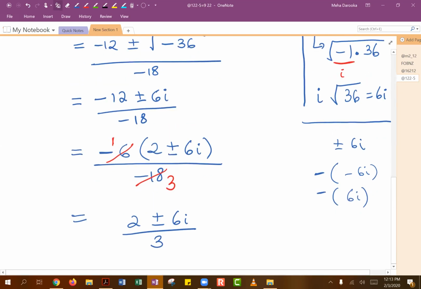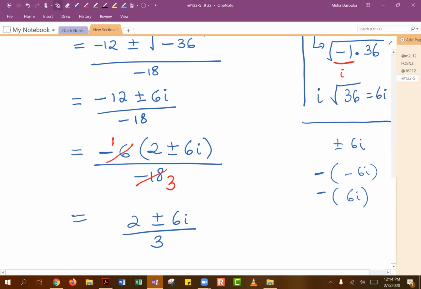You were at negative 12 plus or minus 6i over negative 18. Either identify that 6 goes into all of them, so you could have taken 6 and reduced everything by 6.